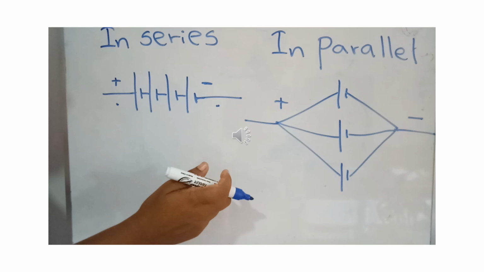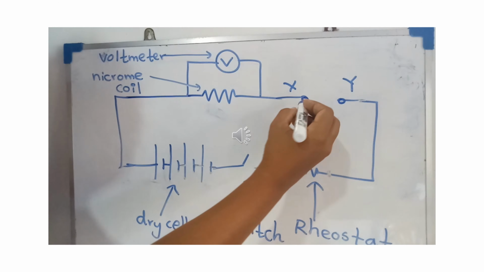But in a parallel connection, all components are connected across each other. There are two electrical common points, the positive terminal and the negative terminal. Then the answer is, the dry cells are connected in series connection.